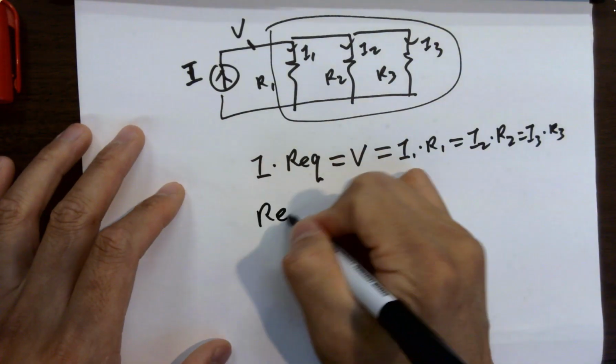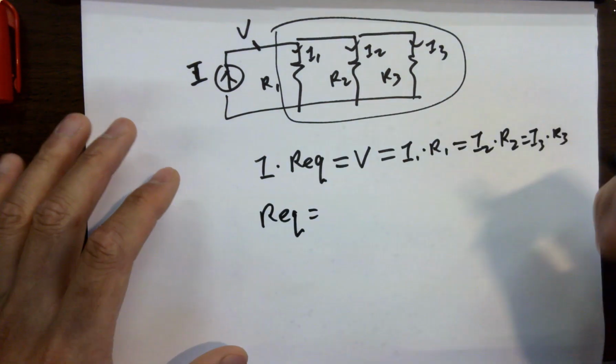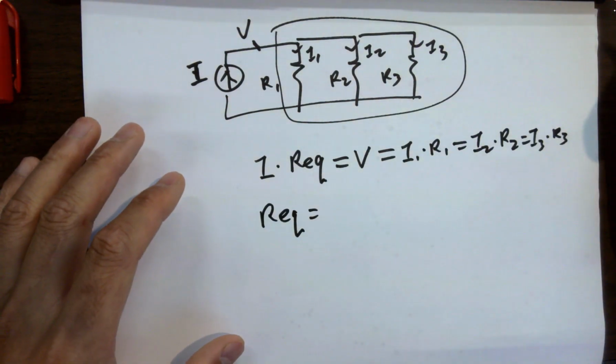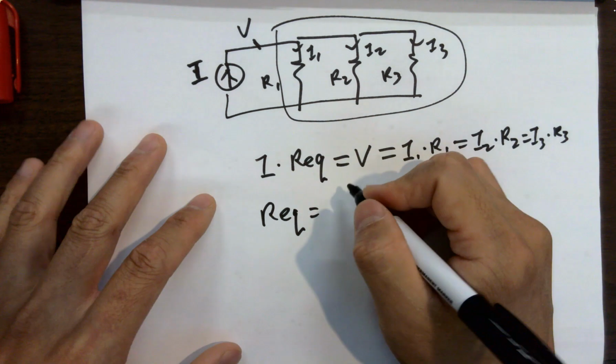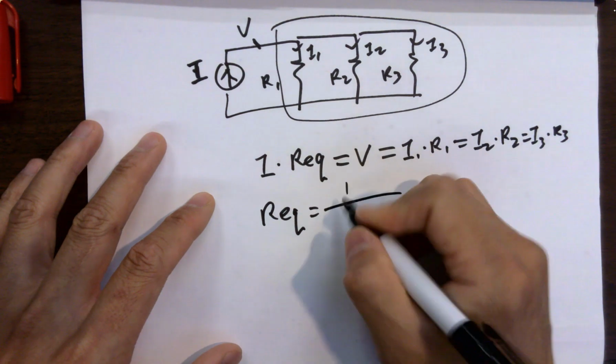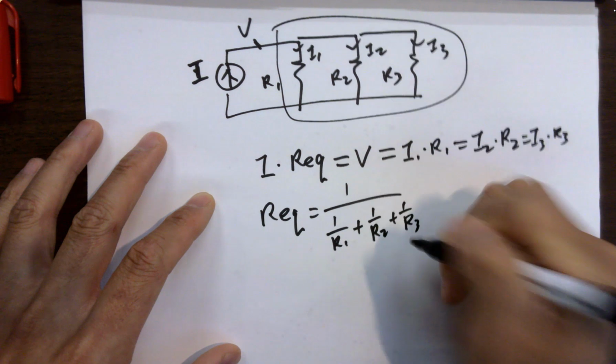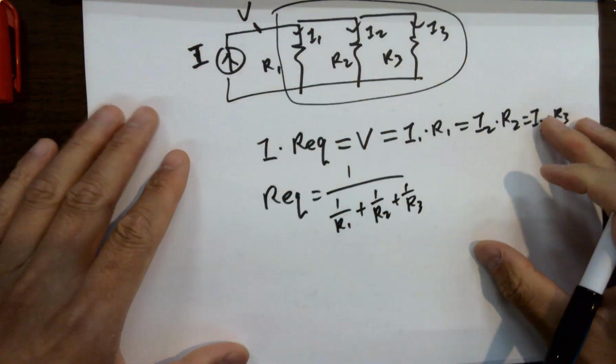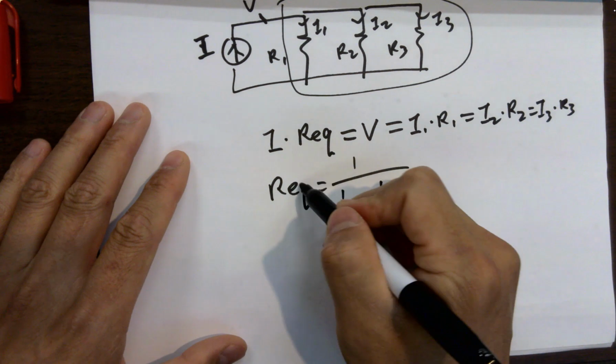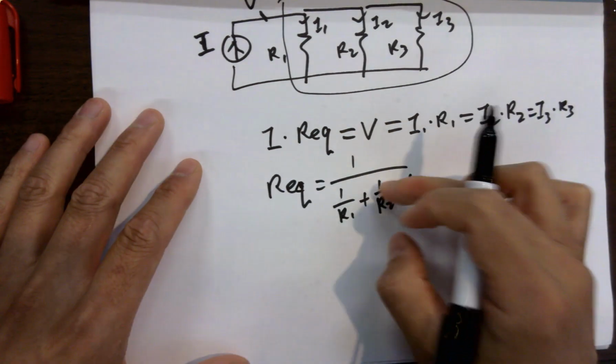So R equivalent in this case equals, as we derived last week, 1 over R1 plus 1 over R2 plus 1 over R3. Right? Okay. Refer to the notes if you want to find out how we derive it.